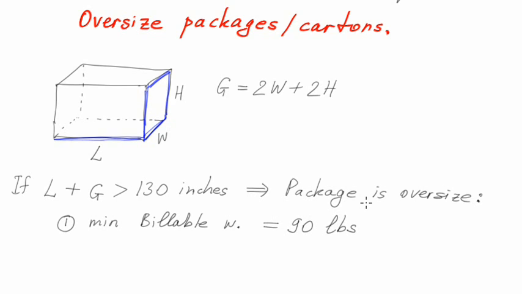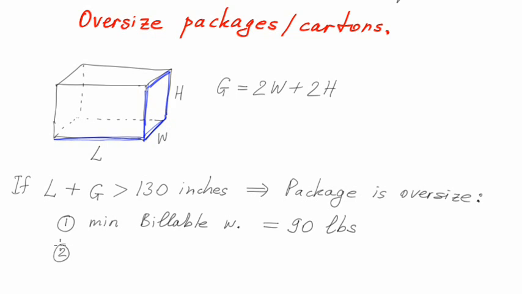So if we have an oversized package and its weight is below 90 pounds, let's say the largest of the dimensional or actual weight is 45 pounds, then we automatically go to the billable weight of 90 pounds.